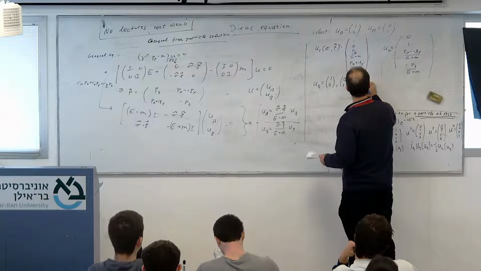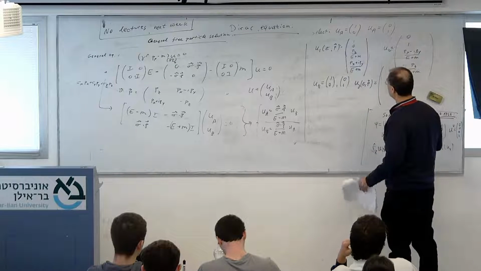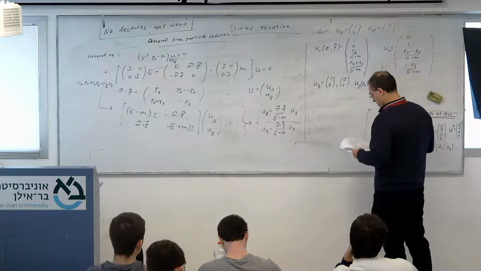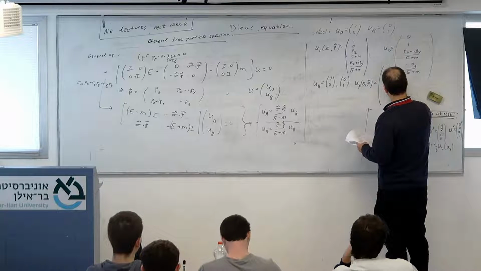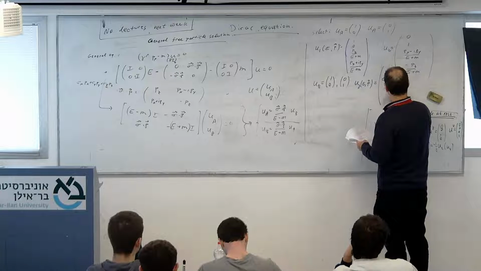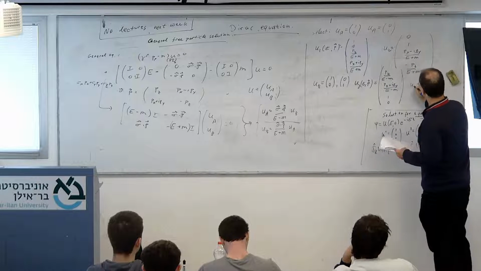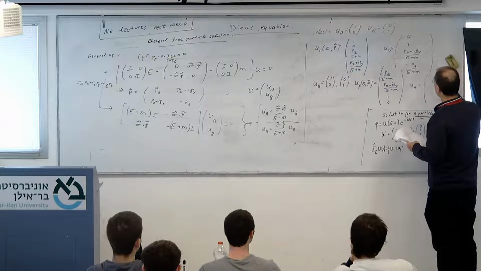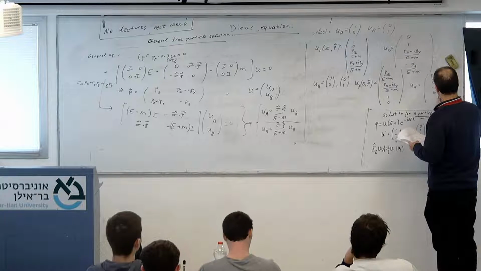U3 of E and P is, just a second, let me finish writing the result: pz over E minus m, and then px plus I py over E minus m, and then a 1 and a 0. And U4 is px minus I py over E minus m, minus pz over E minus m, and then a 0 and 1.